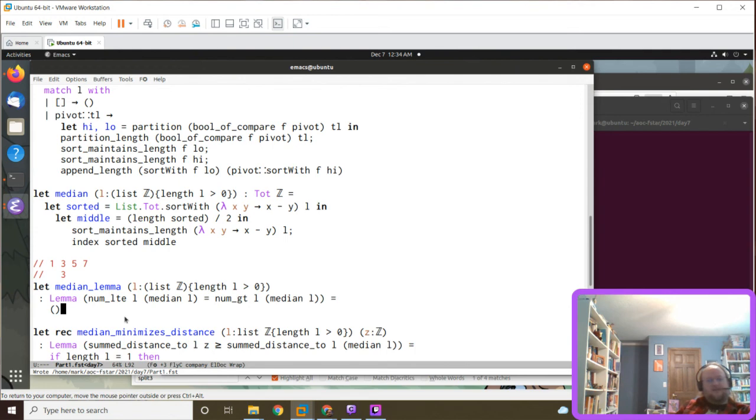Well, we can prove that everything to the left of the index is less than it.